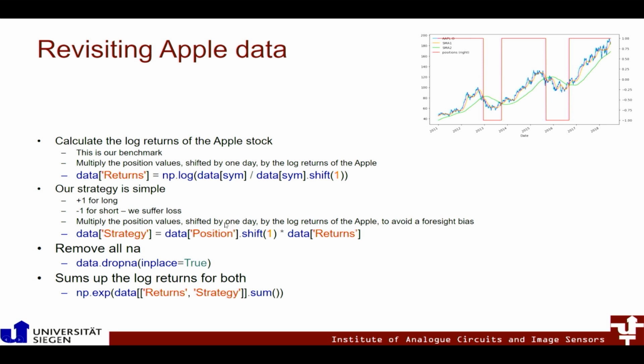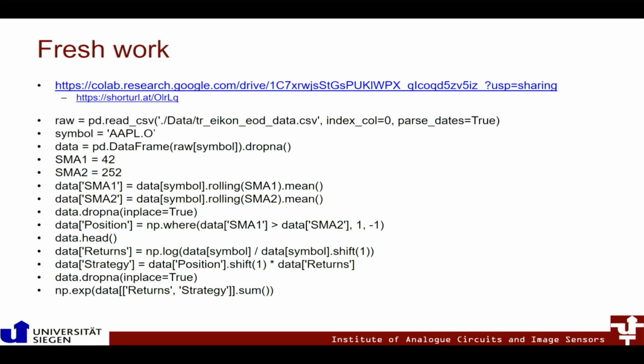And we multiply these two to find, if we go by this strategy of shorting, what will be my return? So my classic return is just the log return. My strategic return is +1 when I'm long, and -1 times that when I'm short. Okay. We remove all the NAs, and then you just add up all the log returns.